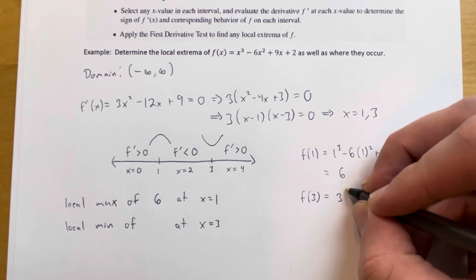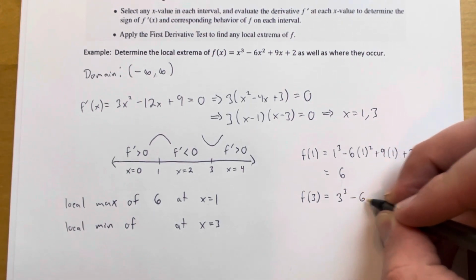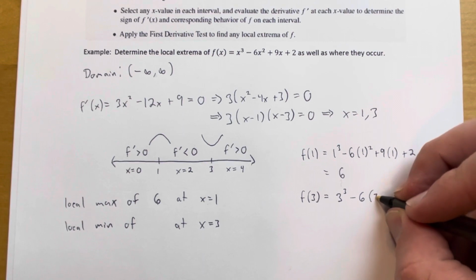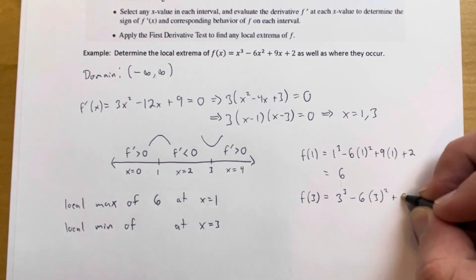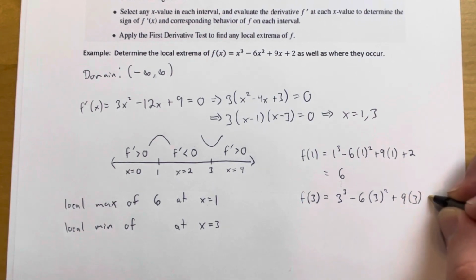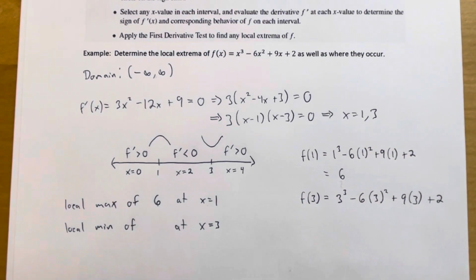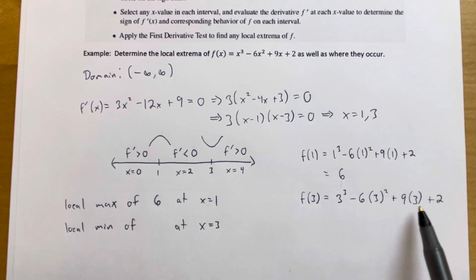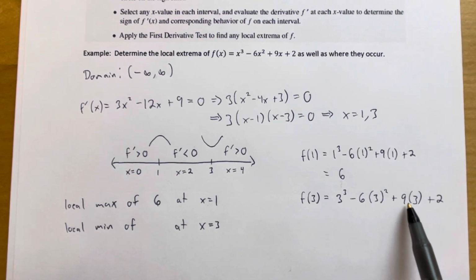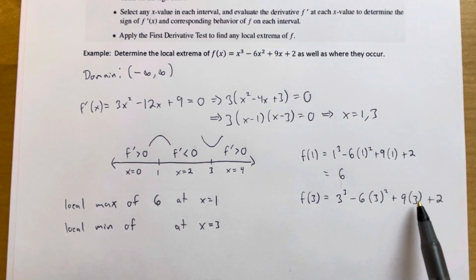This is equal to 3 cubed minus 6 times 3 squared plus 9 times 3 plus 2. Okay? 3 cubed is 27, and 9 times 3 is also 27.